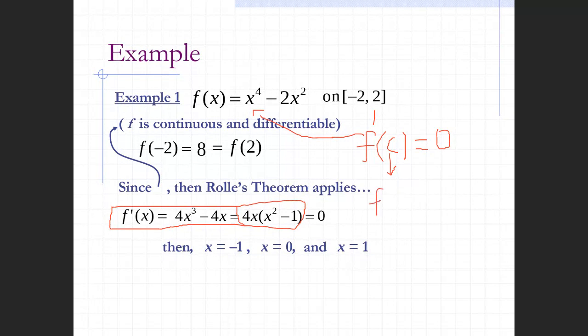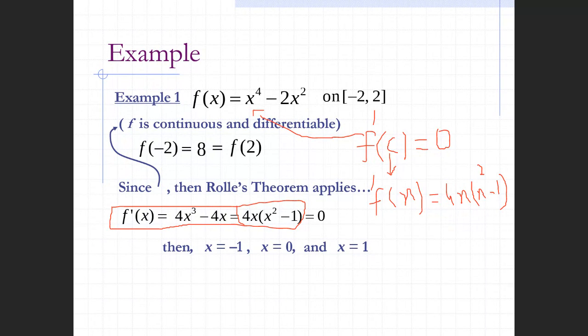So f dash of x is equal to 4x into x square minus 1. Now, according to the condition, you have to take f dash of c equal to 0.